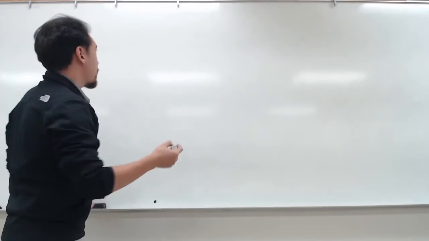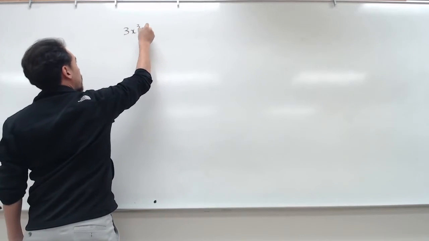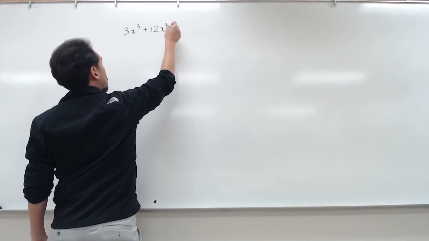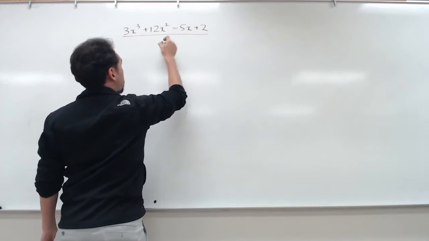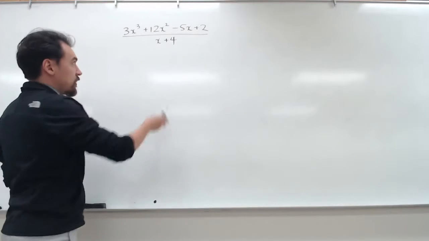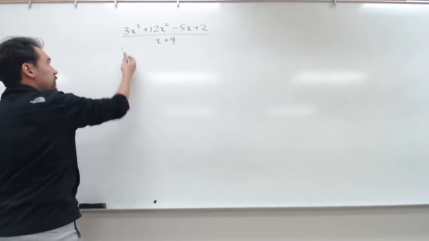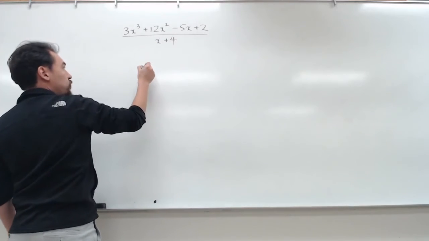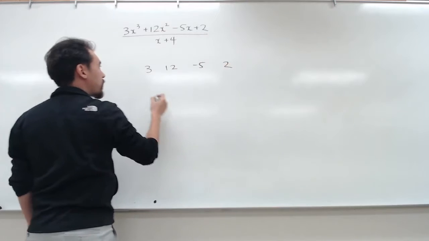Let's now do an example where the denominator is an x plus a number. So the conditions to use synthetic division: divisor is linear, the coefficient on x is 1, so we can do it. We'll pull the coefficients off the numerator terms, so that's 3, 12, negative 5, and 2, no skipped terms.